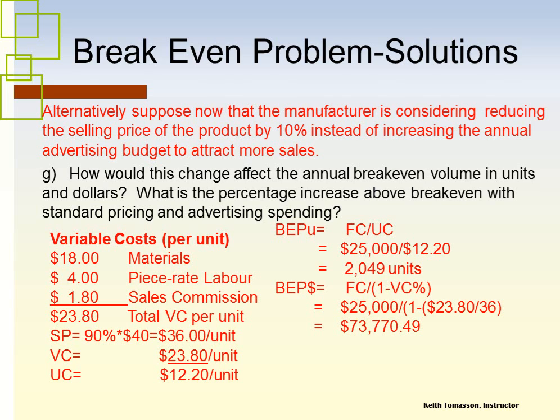To calculate our break-even point in terms of the sales volume, here's our formula: fixed costs divided by 1 minus the variable cost percentage. Our fixed costs are still 25,000. Our denominator changes a little bit because our variable cost percentage is now $23.80 divided by our new selling price of $36 per unit.